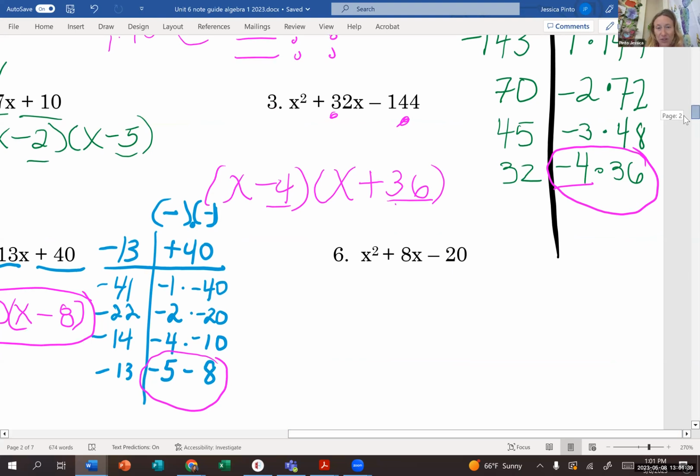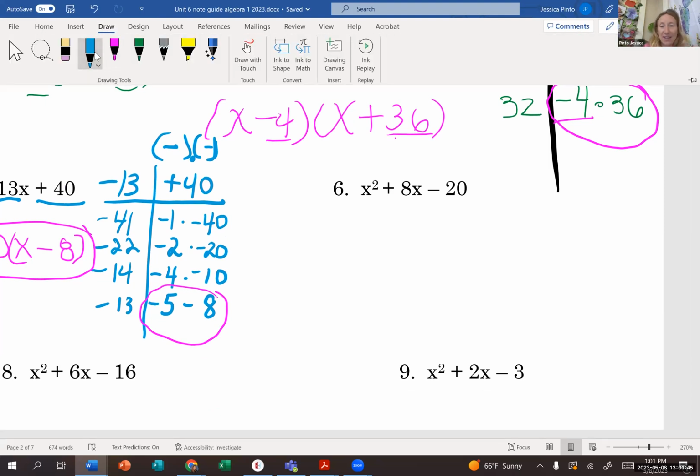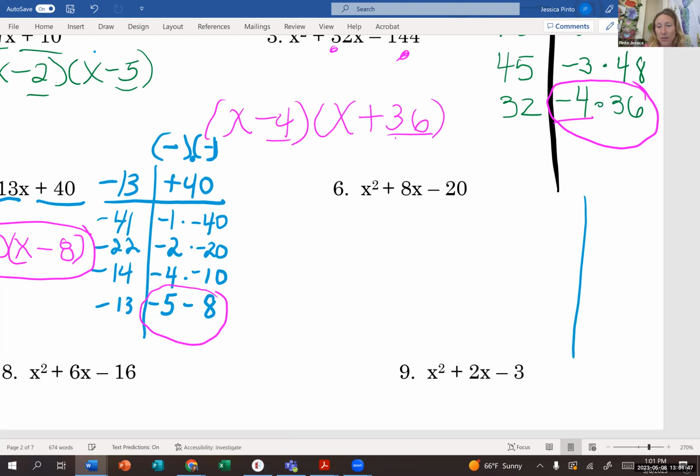Okay, number 6, we're looking for numbers that will multiply to -20 and then add to 8. So we're going to make our table. Got -20 here, +8 here, and we're going to go down the line. It's going to be 1 minus 20, which is -19. Okay, -19 is wrong, but also has the wrong sign.